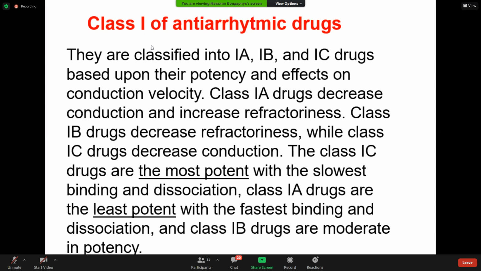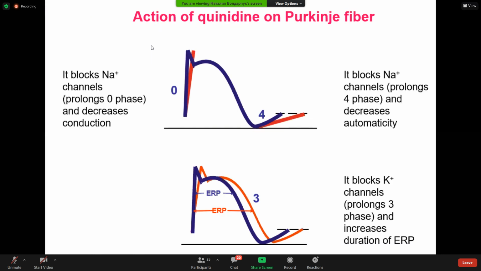Class 1B drugs decrease the third phase refractoriness, while class 1C decrease conduction only and don't have influence on the third phase, on the refractoriness. The class 1C drugs are the most potent with the slowest binding and dissociation. Class 1A drugs are the least potent with the fastest binding and dissociation, and class 1B drugs are moderate in potency. So let's speak about quinidine.